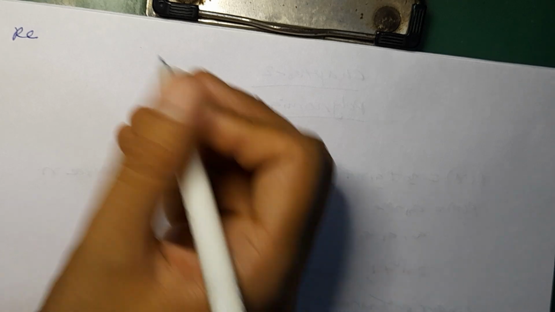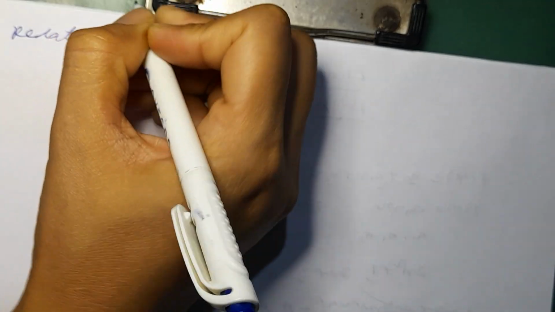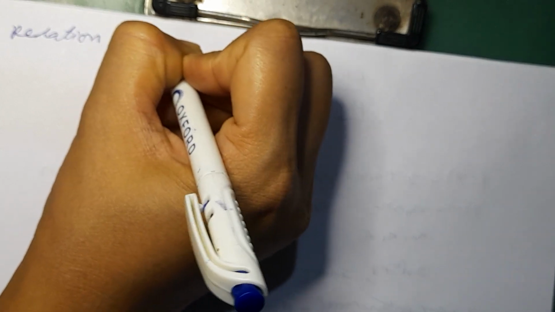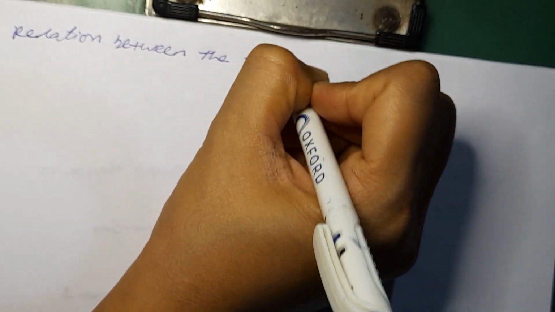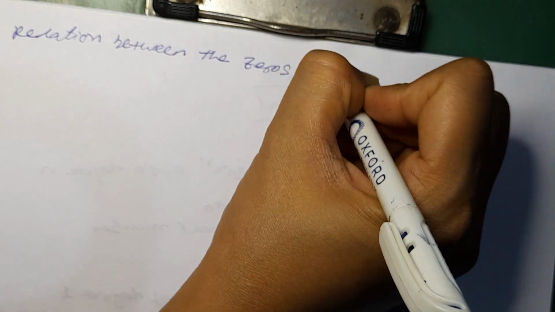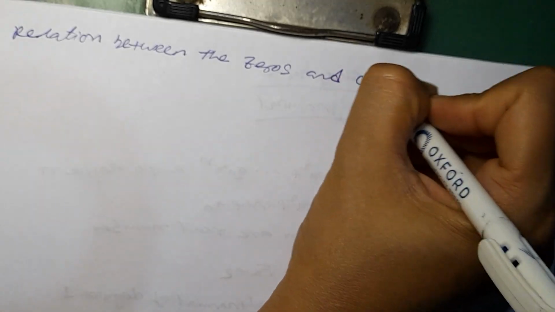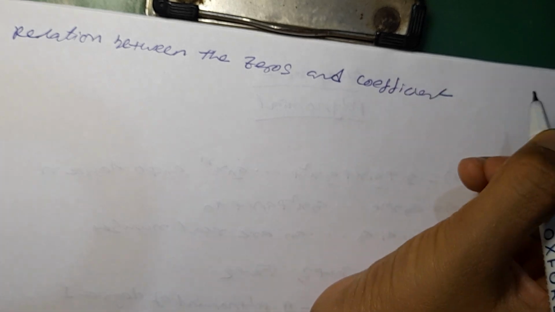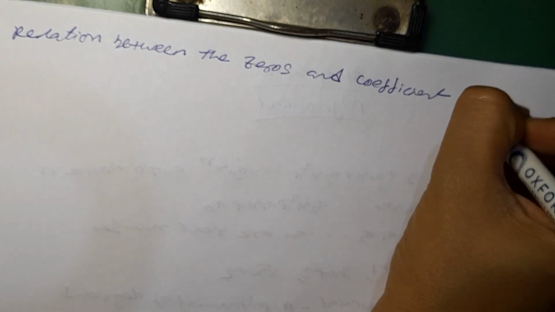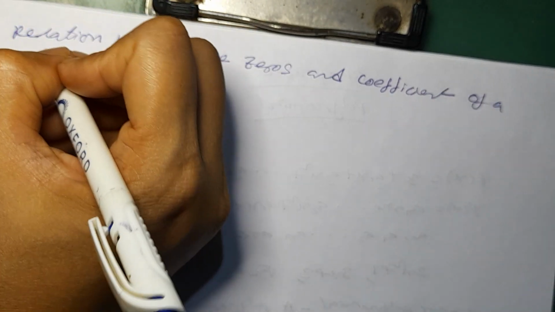Relation between the zeros and coefficient of a quadratic polynomial.